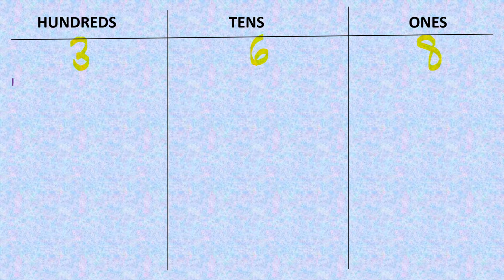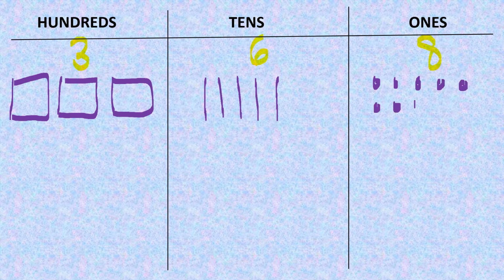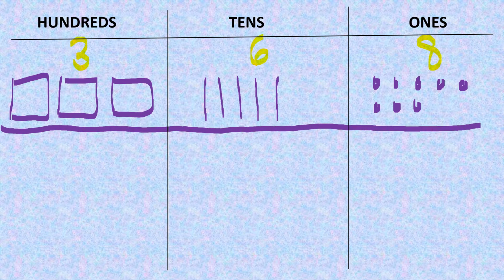So in 368, I have 3 hundreds, I have 6 tens, or 60, and I have 8 ones. 368. All right, so let's see if we can show 368 a different way.